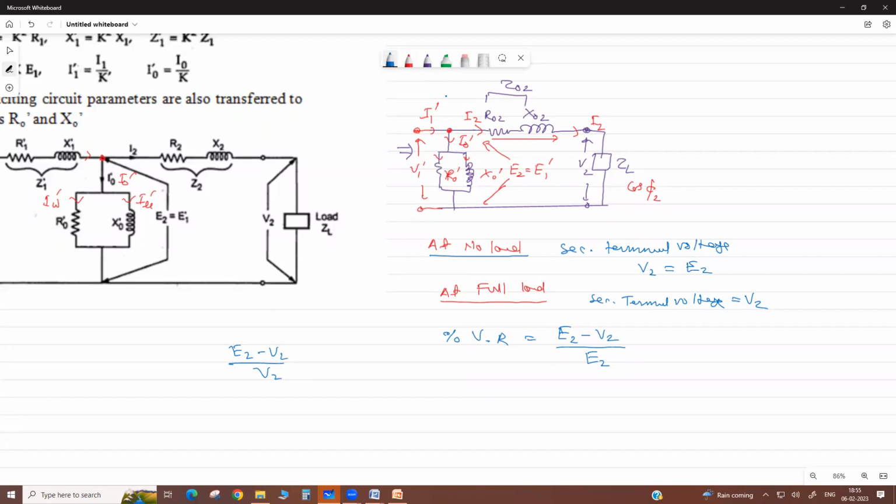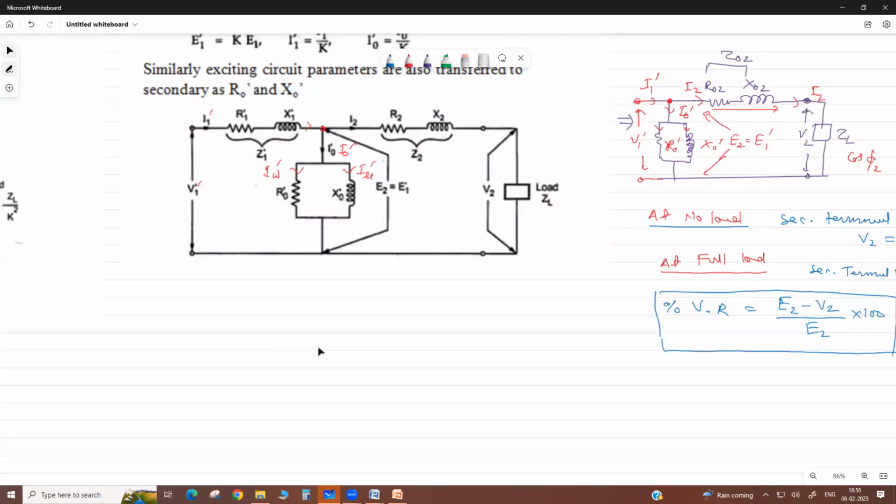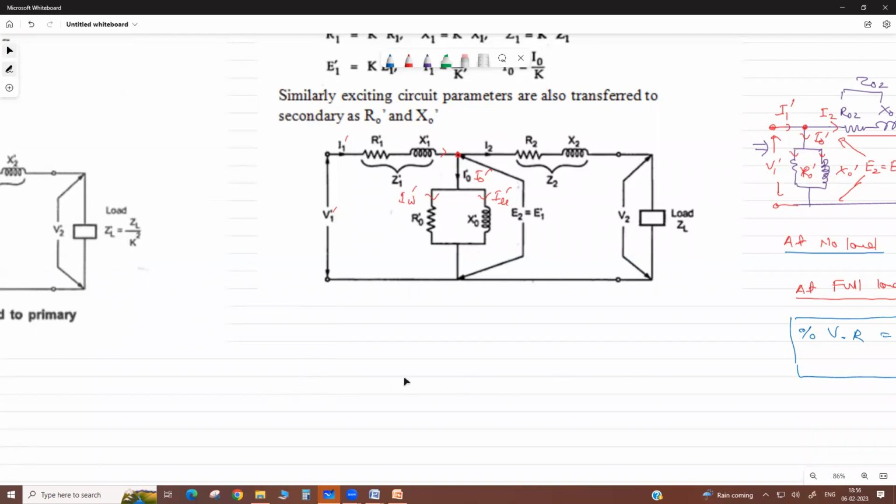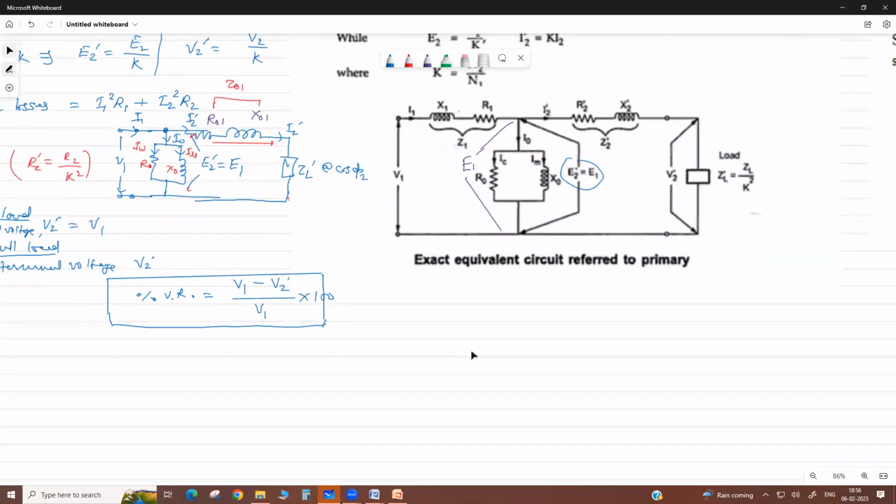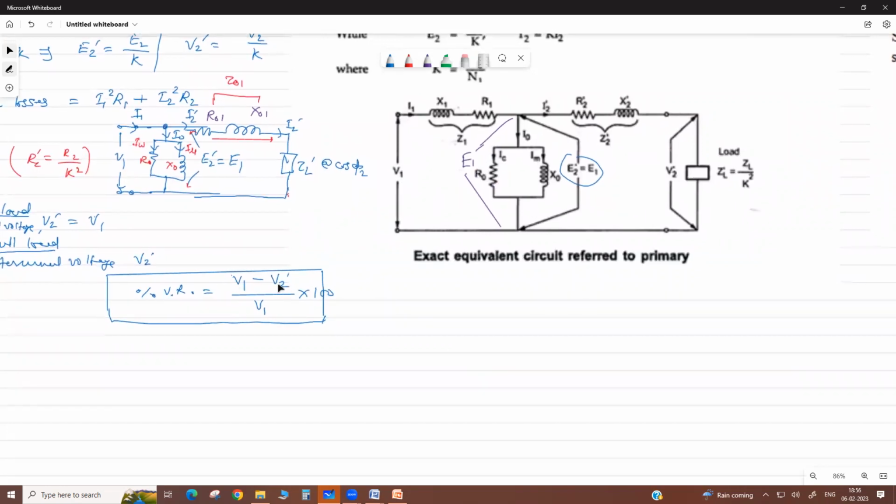This is called down voltage, and up voltage we use with respect to the no load terminal voltage, into 100. So this is your percentage voltage regulation. Generally we refer to the secondary side, because the secondary side is the load side, so we use this formula. But sometimes they give the primary side parameters, then we use this formula. This is also the same: no load terminal voltage minus full load terminal voltage divided by no load terminal voltage.